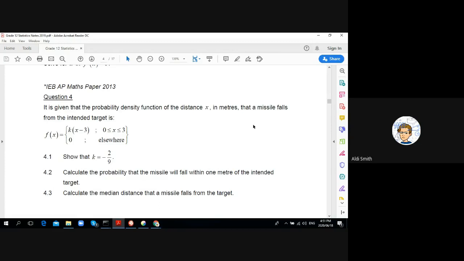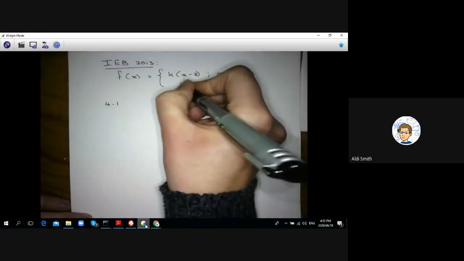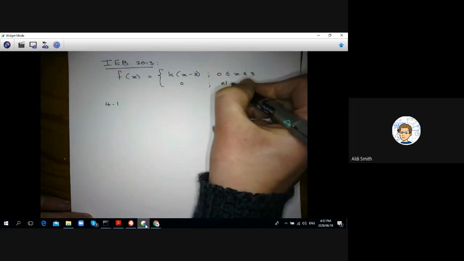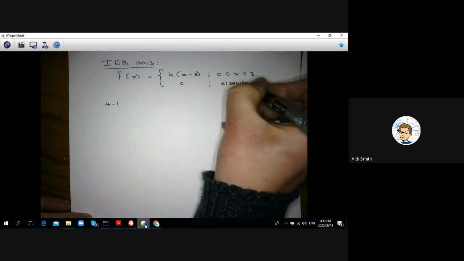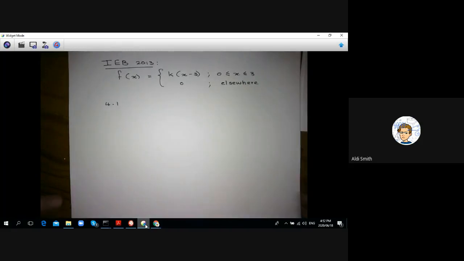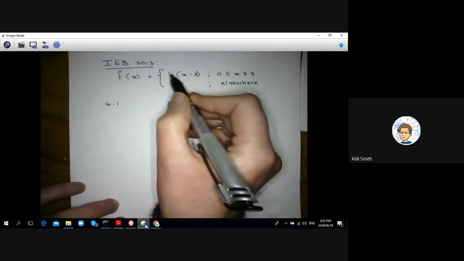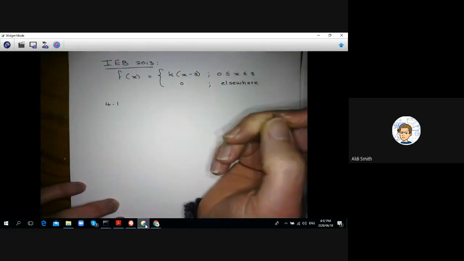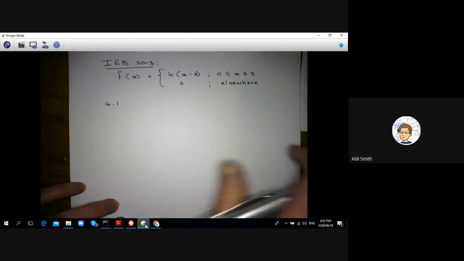And this is from the 2013 IB paper. Okay, so they want you to calculate the value of k, or show that the value is minus 2 over 9. We'll figure it out anyway.